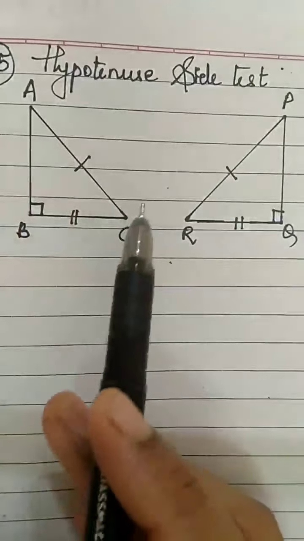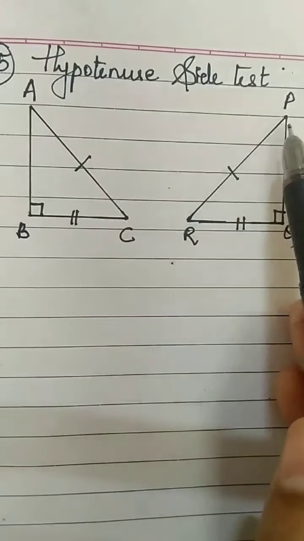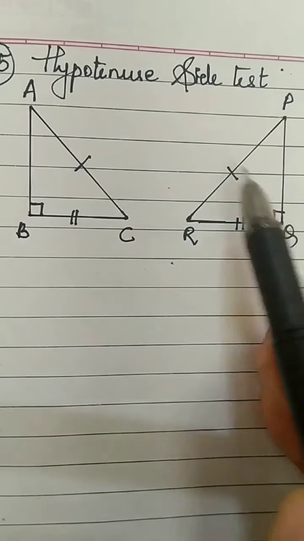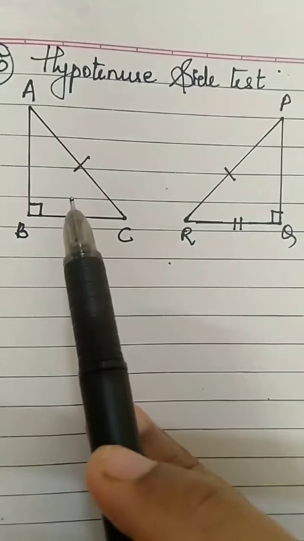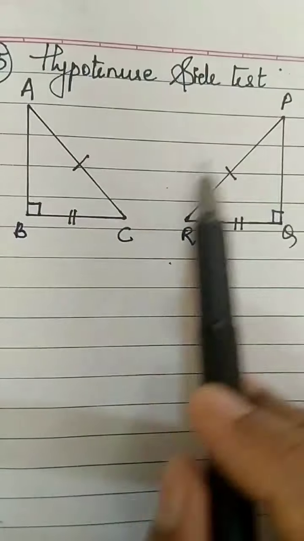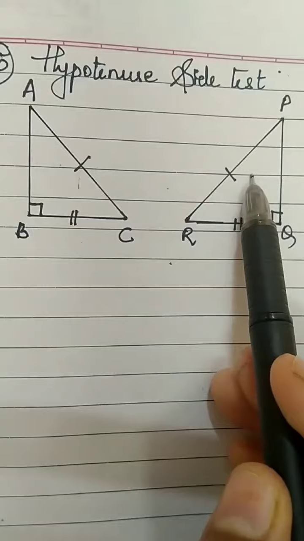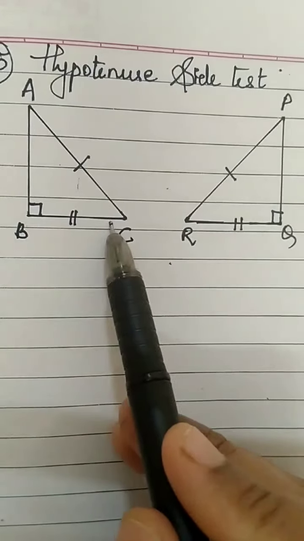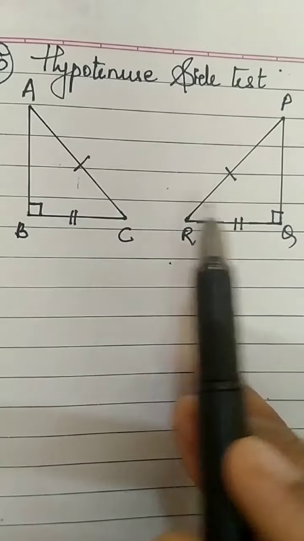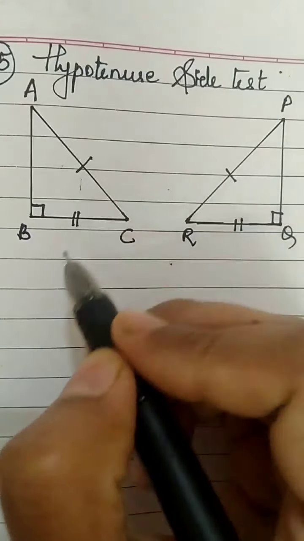In hypotenuse side test, obviously the hypotenuse of one triangle should be congruent to the hypotenuse of the corresponding second triangle. So as you can see here, AC and side PR both are hypotenuse and both are shown congruent. Then one more side we need. Side BC is given congruent to RQ. And as you can see, both these triangles are right angle triangles. So both these triangles are congruent by hypotenuse side test.